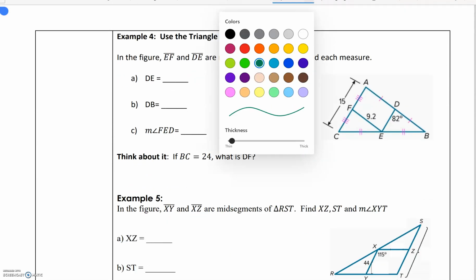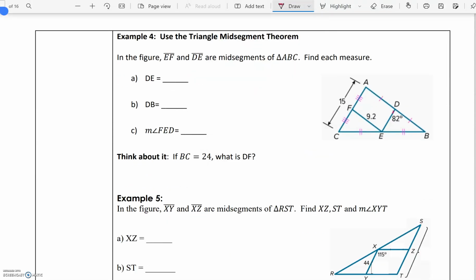So if I'm looking for DE, I look for the segment that's parallel to it, and it's 15. So I'm going to cut it in half to find this shorter segment here. So half of 15 would mean that this would be 7.5 for DE.